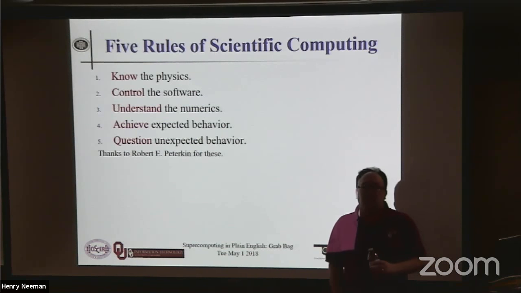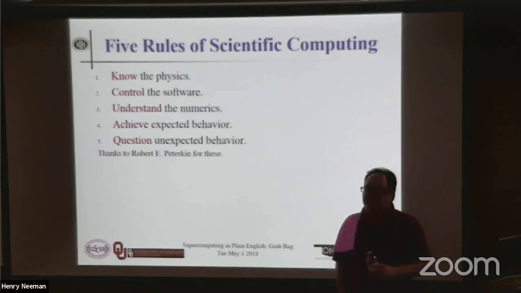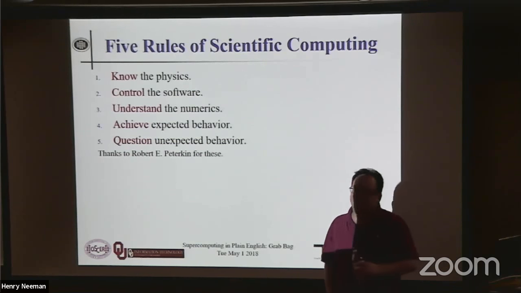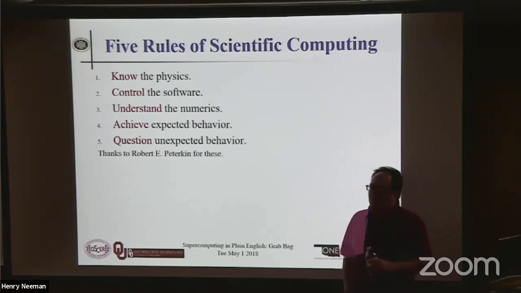It's a little bit of story time for you. Many years ago, I was working with a good friend who's a chemical engineering faculty member here at OU. And we wrote some code together. And for the particular case that we were running, the code was doing things that the technical term is aphysical.